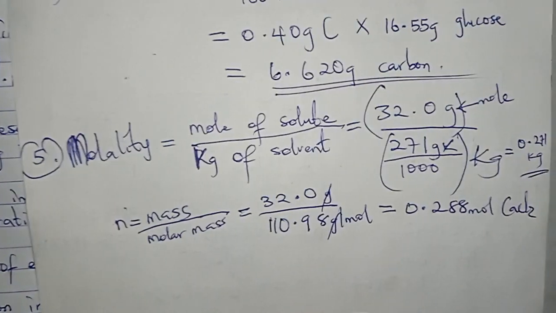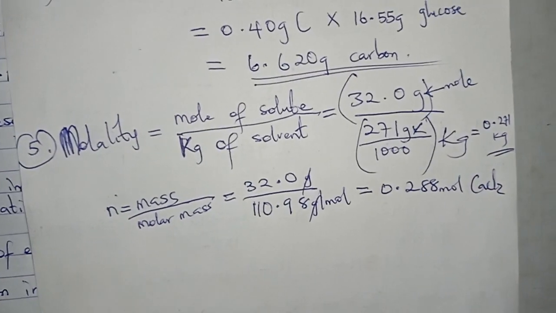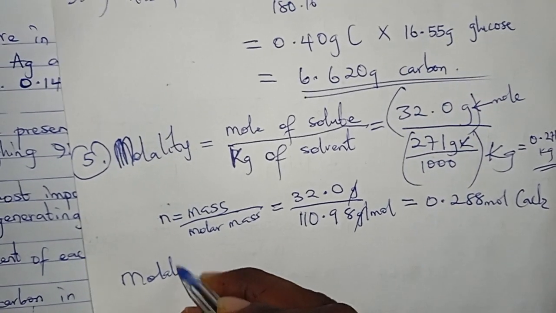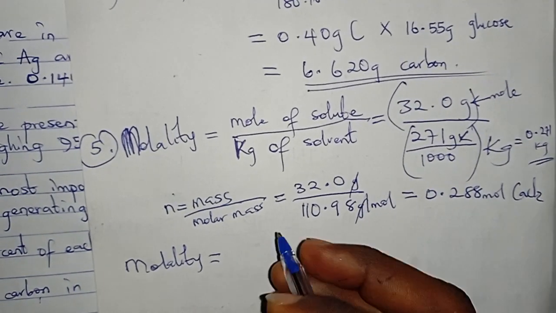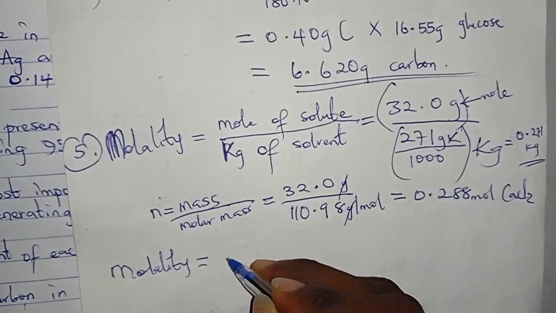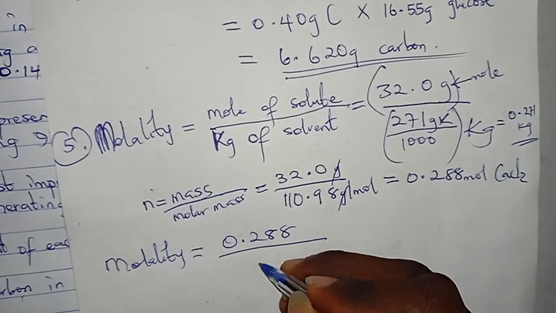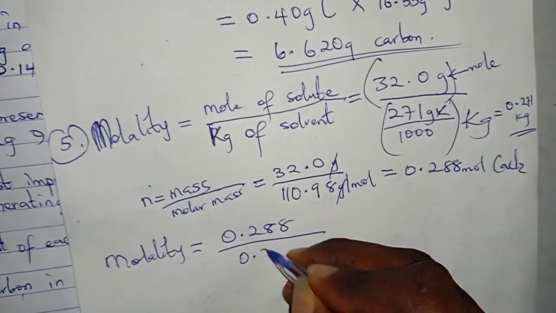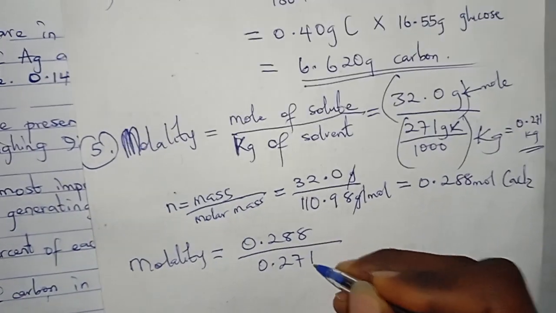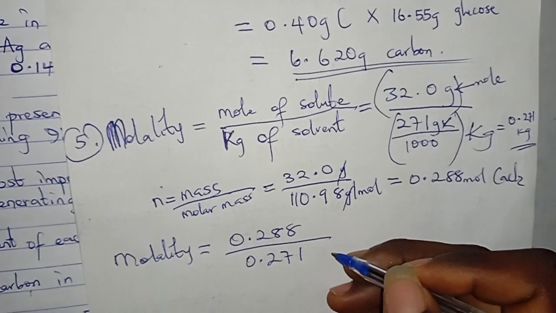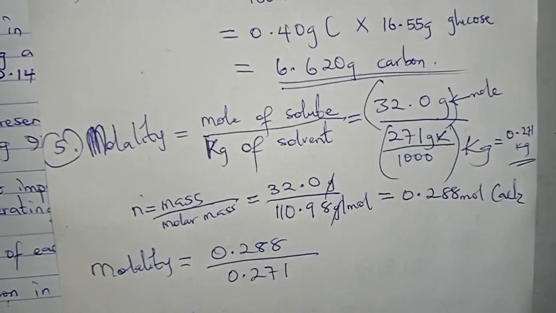Okay, so let's now put it back to what molality is. So putting it back, mole of solute, which is 0.288, all over kilogram of solvent, which is 0.271. So let's do it.